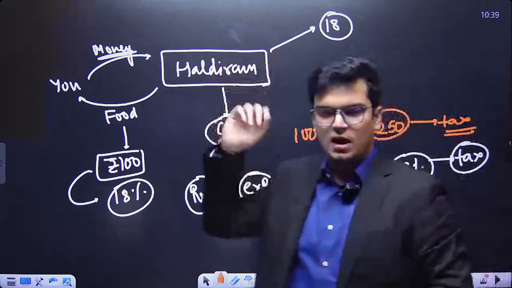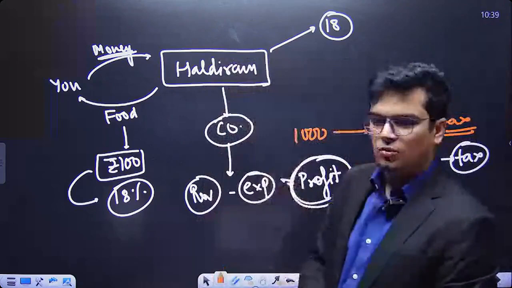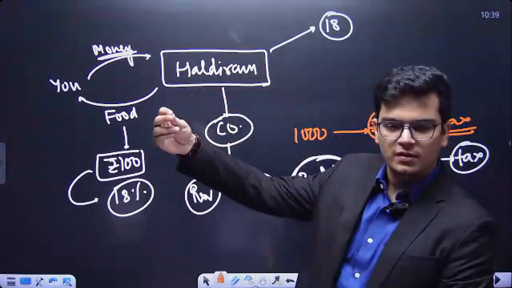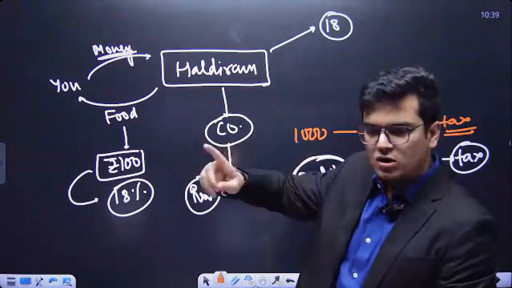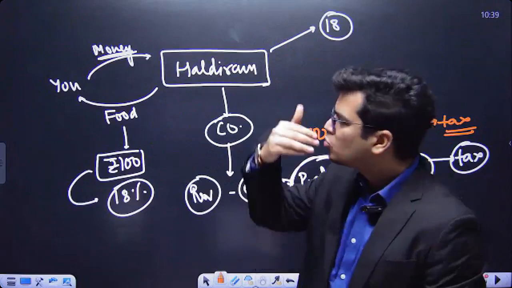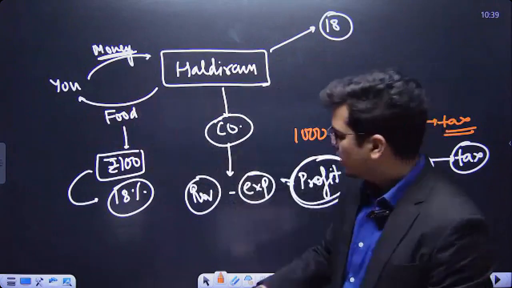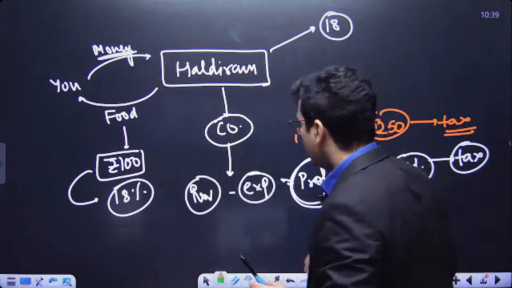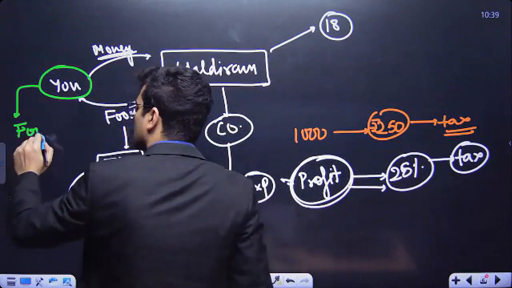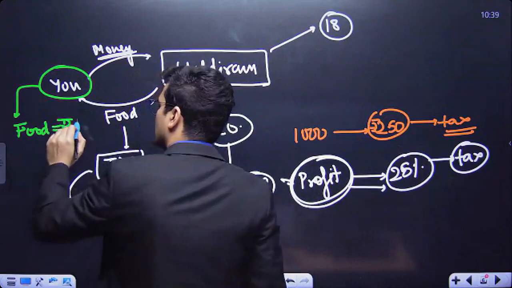Now let's see what happens in the first case. In the first case, Haldiram has sold food of 100 rupees. Haldiram has to deposit tax of 18 rupees. But Haldiram is legally allowed to shift the burden to you. So Haldiram will give you a bill saying the value of food is 100 rupees.